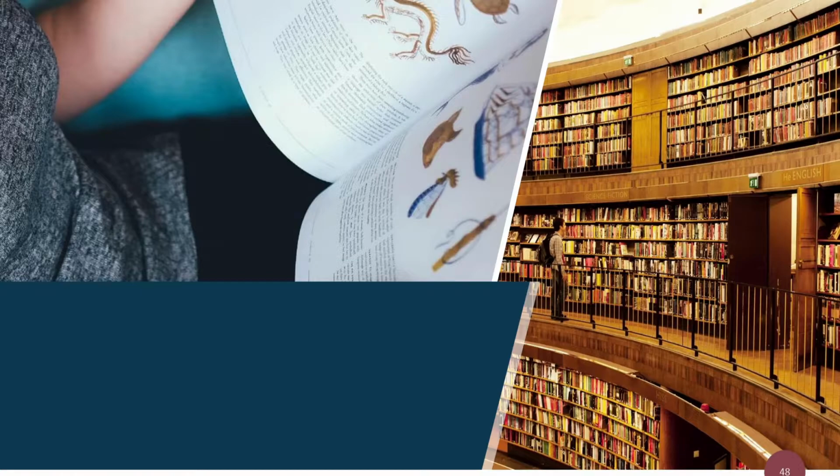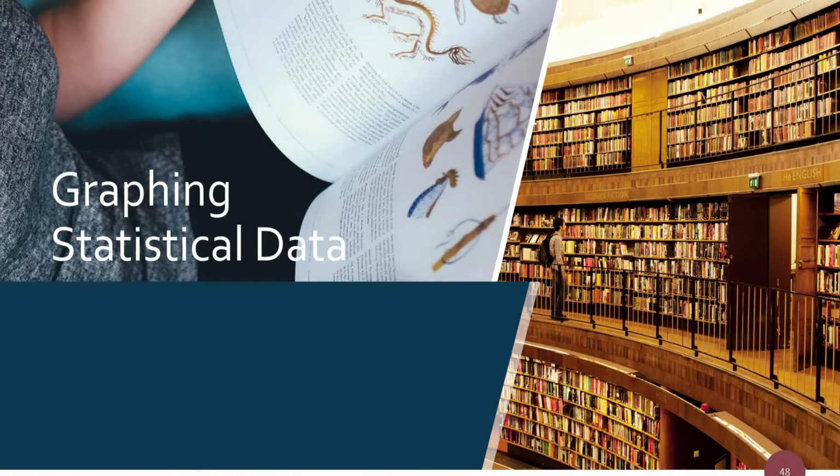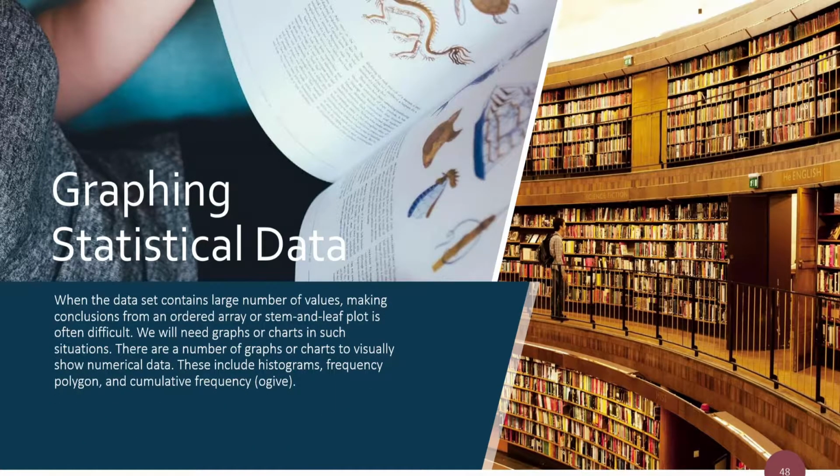Okay? So, let's start. So, ano nga ba yung graphing statistical data? So, para saan ba to? So, sabi, when the data set contains large number of values, making conclusions from an ordered array or stem and leaf plot is often difficult, we will need graphs or charts in such situations. There are a number of graphs or charts to visually show numerical data.